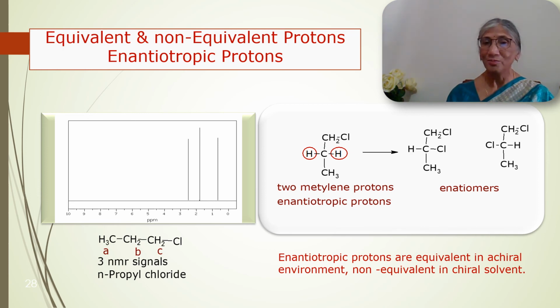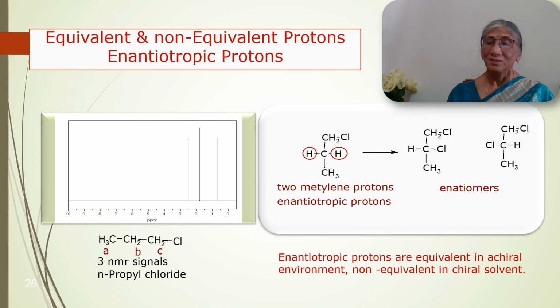The central carbon becomes the stereocenter. In one isomer, the halogen atom is present on the right hand side, and in another stereoisomer, the halogen is present on the left hand side, and they are mirror images of each other. So they are enantiomers. Enantiomers are stereoisomers which are non-superimposable mirror images.